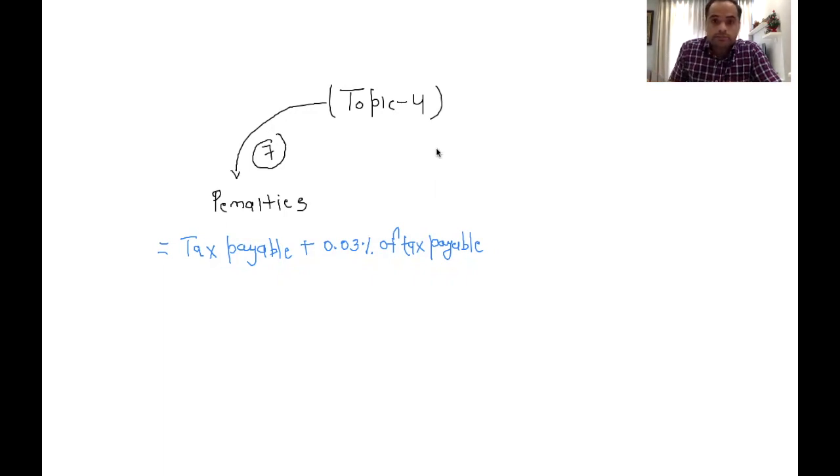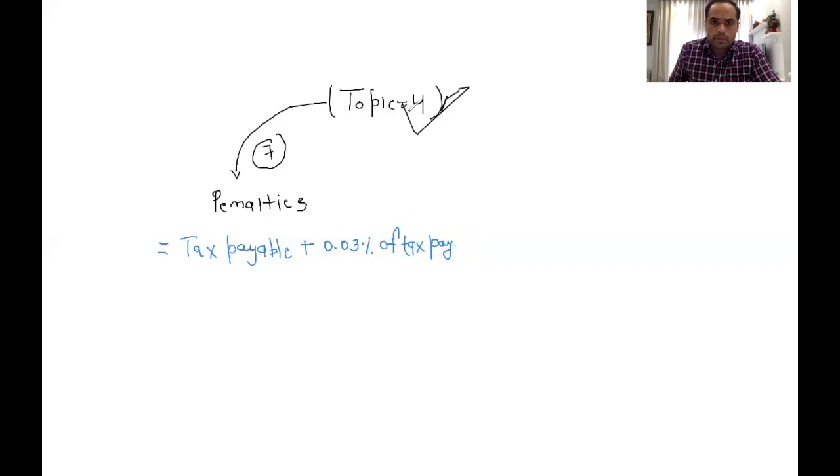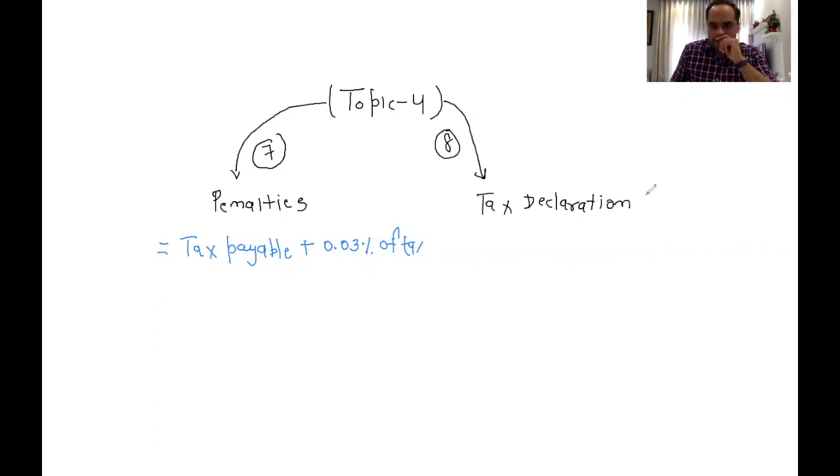So that's learning outcome 8, number 8. This one is about tax declaration and tax submission.